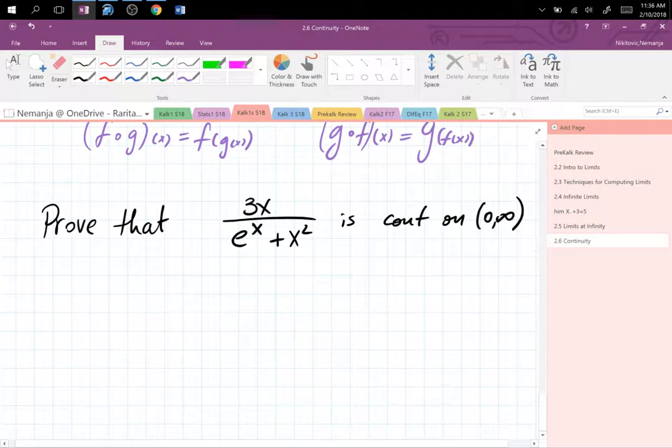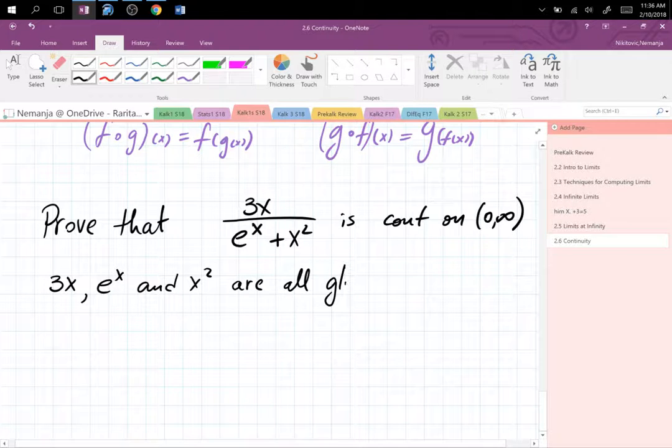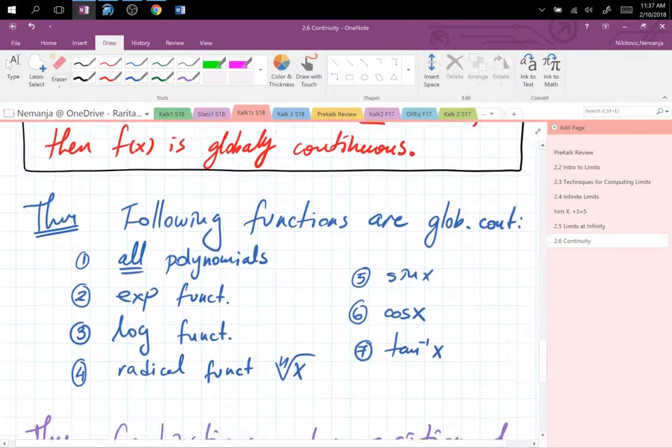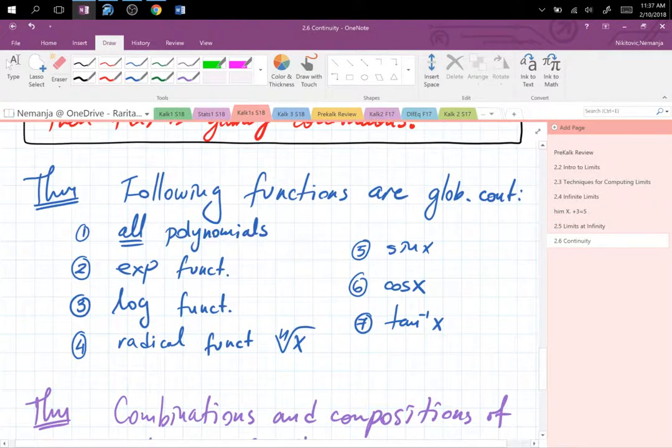Let's take a look at this together. So I'm going to say 3x, e to the x and x squared are all globally continuous, and that is going to be by the blue theorem.